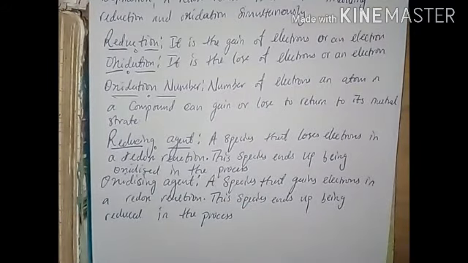You can have examples of reducing agents. We can have agents like metals, e.g. sodium, potassium, because they always have a great tendency to lose electrons. And for example, we have oxidizing agents like oxygen, non-metals, halogens. They have a great tendency of gaining electrons.